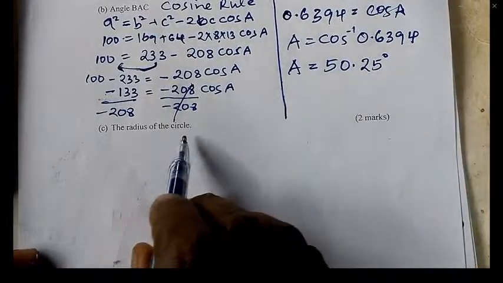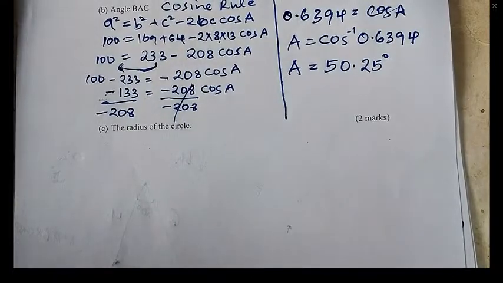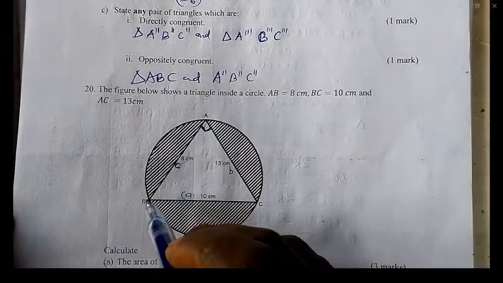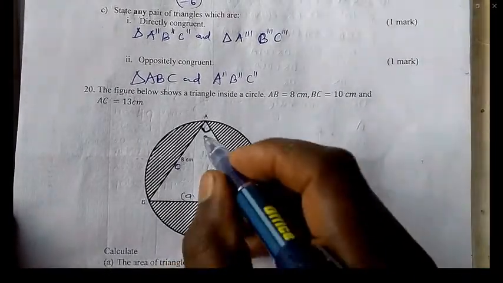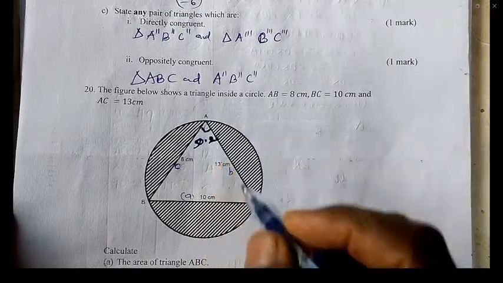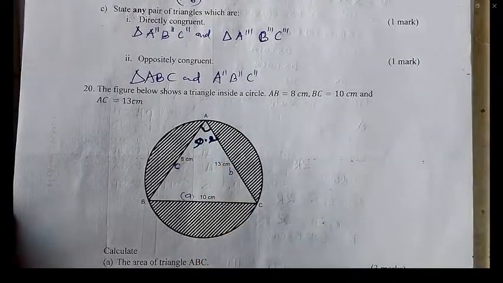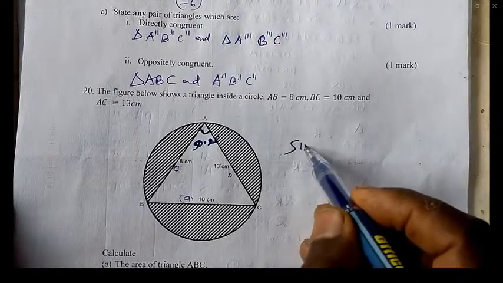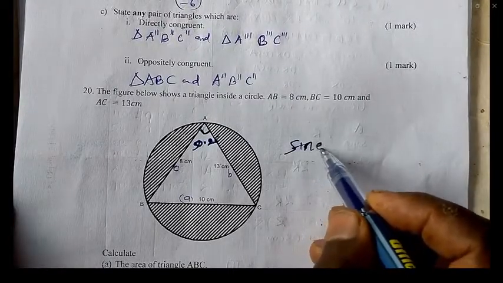The radius of the circle. So we want to get the radius of this circle. To get the radius now, tumepata angle A ni 50.25. Tuko nayo hiyo. So what we are going to use, we are going now to use the sine rule.